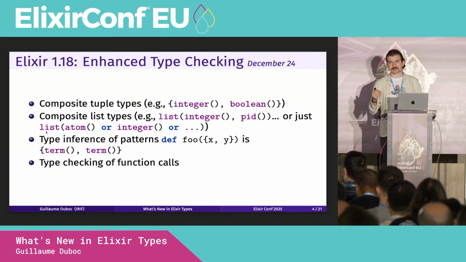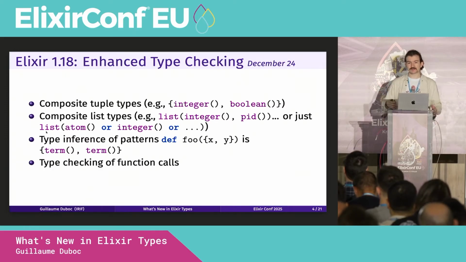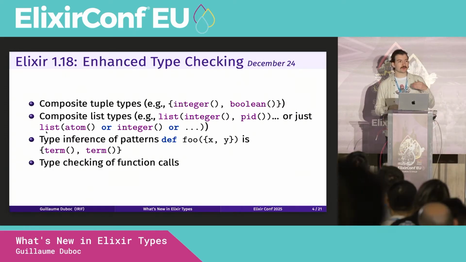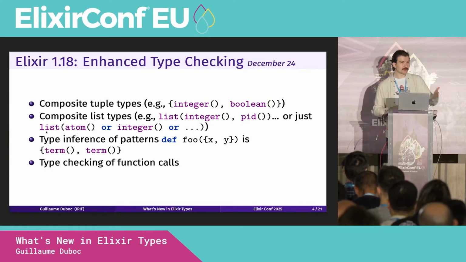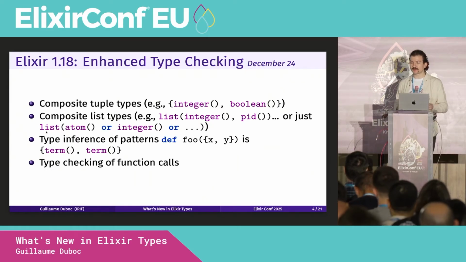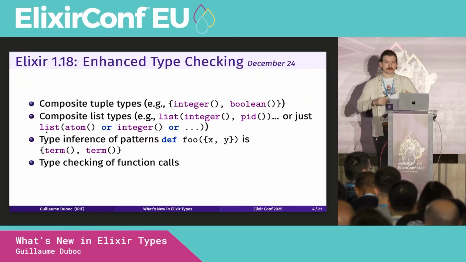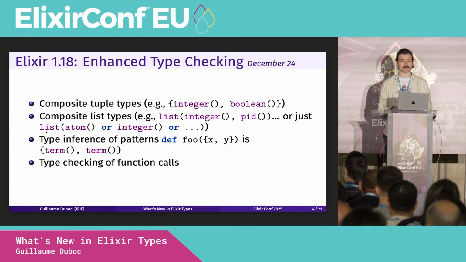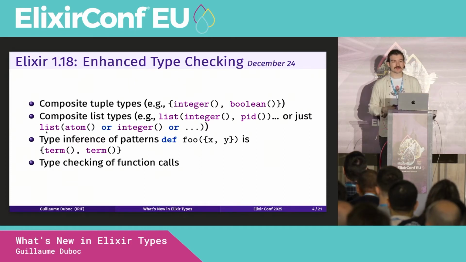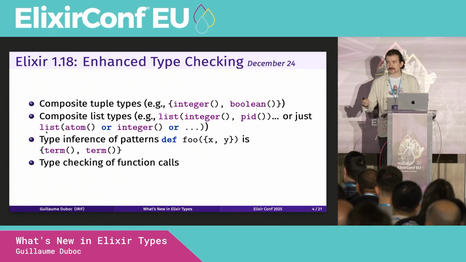And because we are doing this inference of patterns, we were able to start doing checking of function calls, because if we know the type of values that can come into a function by approximating the patterns, then we can know when a function is always going to fail.